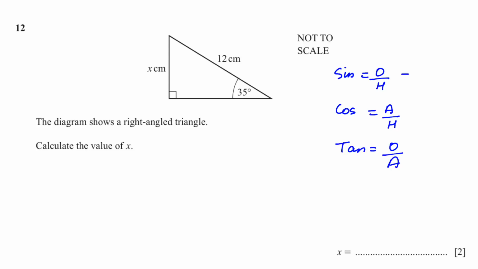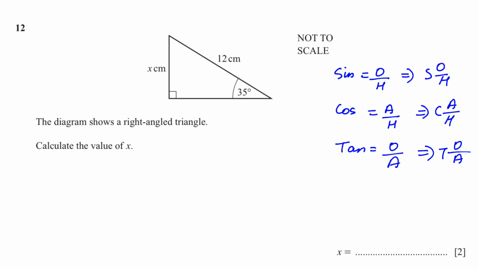There's a short way to remember it, which makes it easy on the tongue. You can say soh: sine opposite hypotenuse, cah: cos adjacent hypotenuse, toa: tan opposite adjacent.